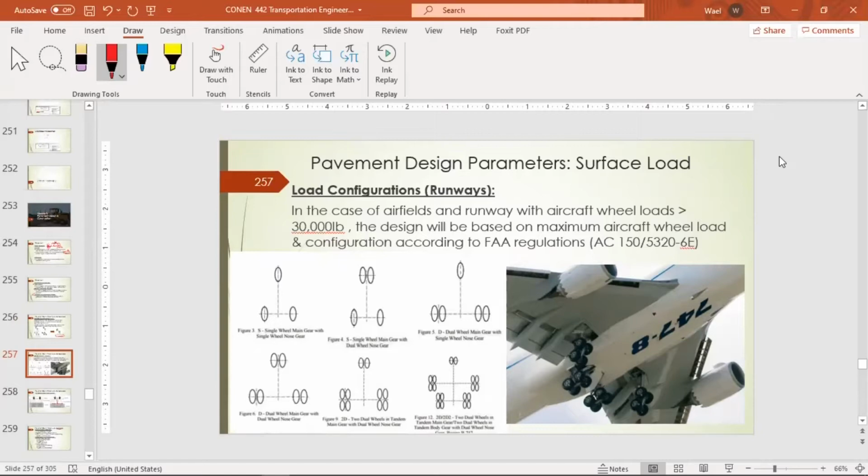This basically stipulates for different aircraft types the design loads, the impact load, the impact factor, and all of these criteria. Because here we have a totally different story. The single wheel might have maybe 30 tons on it.